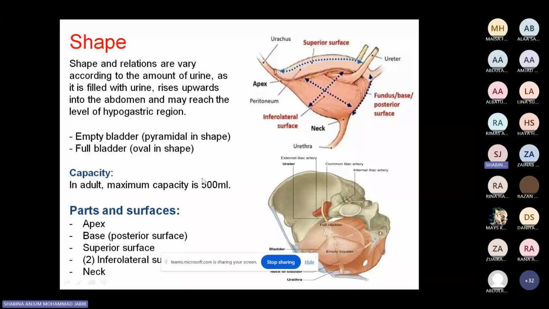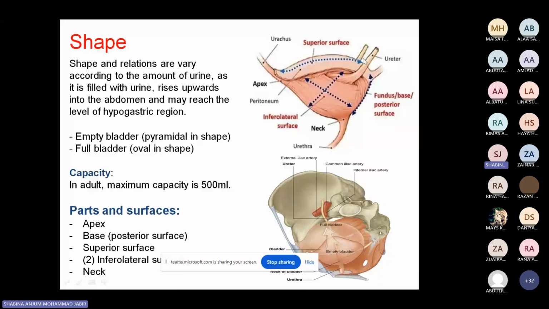What are the different parts? This part is known as the apex. And this posterior surface is called the base, or fundus, or posterior surface. This is the superior surface, over which we have the reflection of the peritoneum.